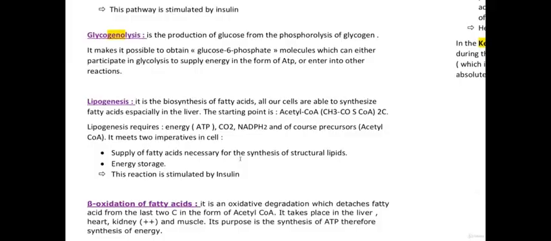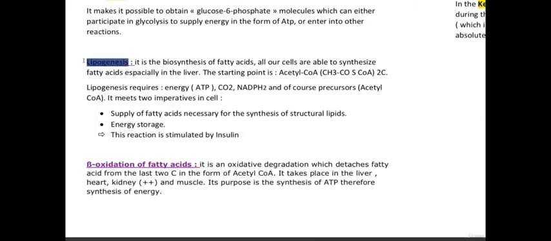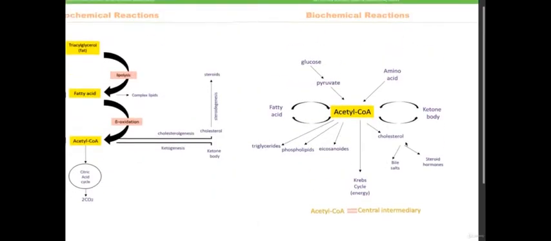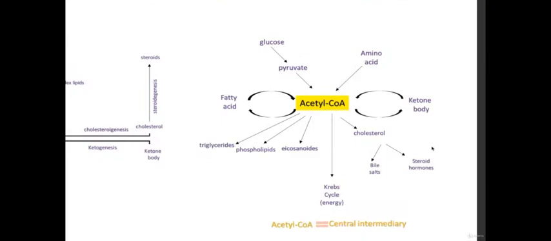Now let's go to lipogenesis. It is the biosynthesis of fatty acids. All our cells are able to synthesize fatty acids, especially in the liver. The starting point is acetyl-CoA, which is a 2-carbon molecule. Acetyl-CoA is a central intermediary. As you can see on the diagram, from fatty acids we can form acetyl-CoA and vice versa, and it is the same for ketone bodies.